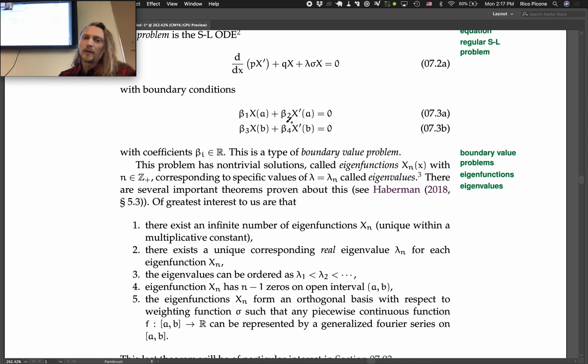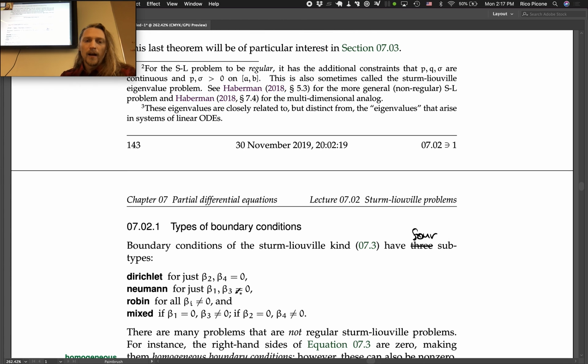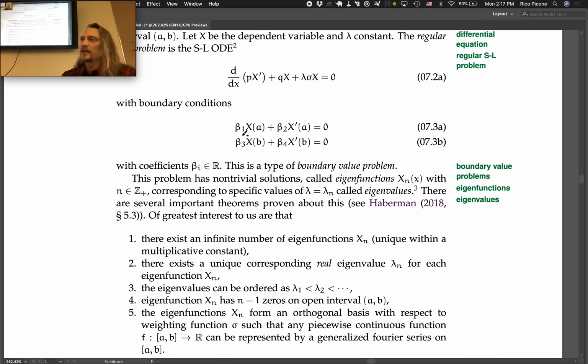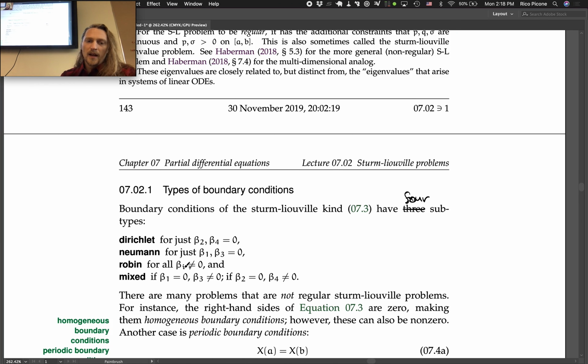So beta 2 and beta 4 being equal to 0 means that we've got a specified value of X at a and X at b, not the primes. Neumann, for just beta 1 and beta 3 equal to 0, so these two terms being 0. So we have the slope of the boundary defined. And Robin, which is for all of the betas being non-zero. So you have all of those as part of your conditions.